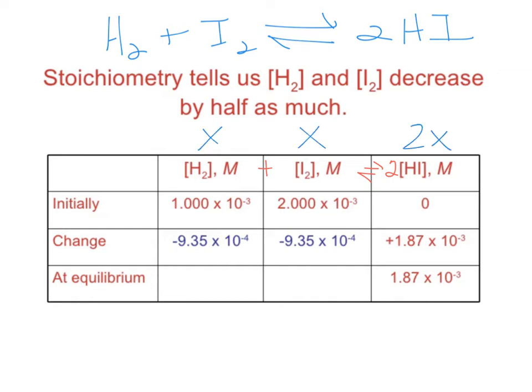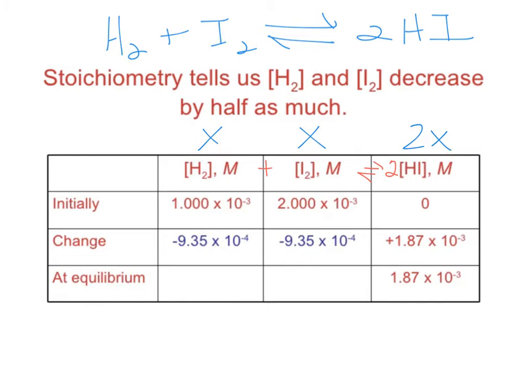So now what we're going to do is think about how much H2 and I2 changed, even though we were not told in the problem, but we're going to figure that out. Because if the increase in HI is twice as much as the decrease in the number of moles of I2 that were used up, this is a 2-to-1 relationship, then if I increased my HI by 1.87, my I2 had to decrease by half of that.